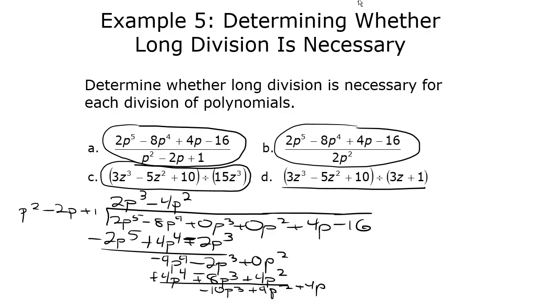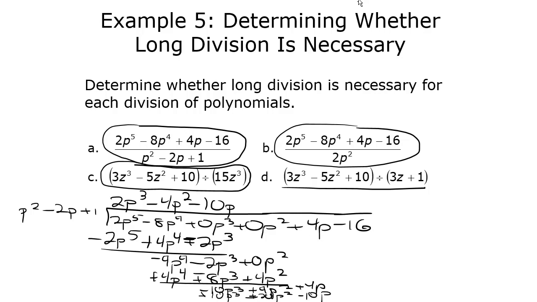All right, so negative 10p cubed divided by p squared, right? So we need a negative 10 and then another p. Negative 10p times this gives me positive 20p squared. And then negative 10p times that gives me negative 10p.